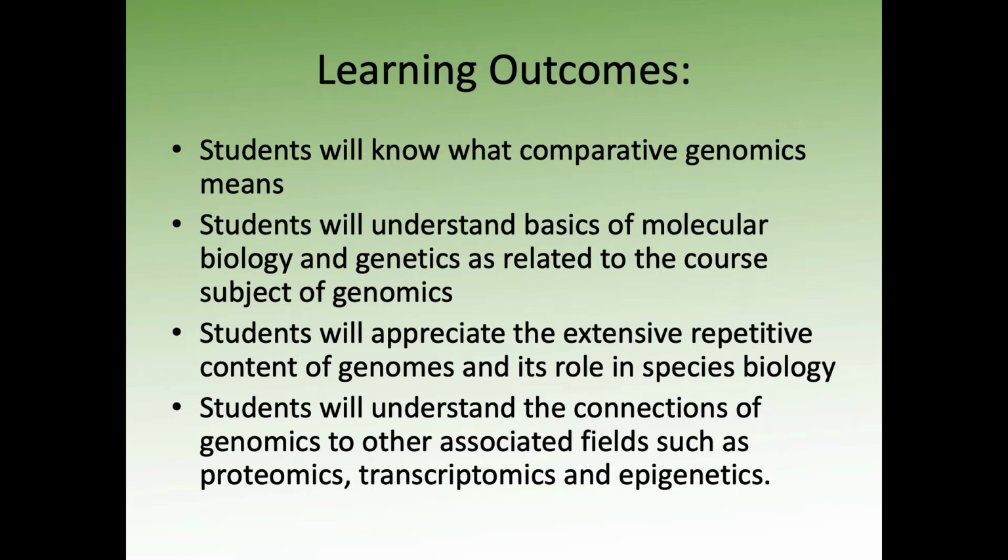So an understanding that it's not just genes that are what's important in the genome. And then finally, a good understanding of some of the other related fields that we associate and apply in the field of genomics, things like proteomics, transcriptomics, epigenetics, things of this sort that we'll also cover in this class.